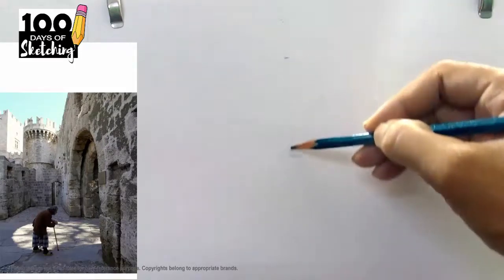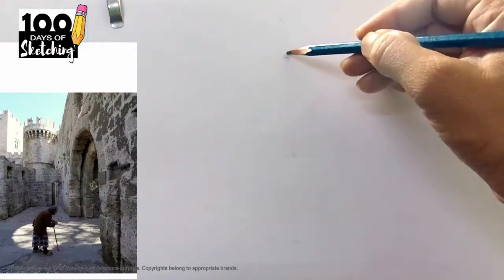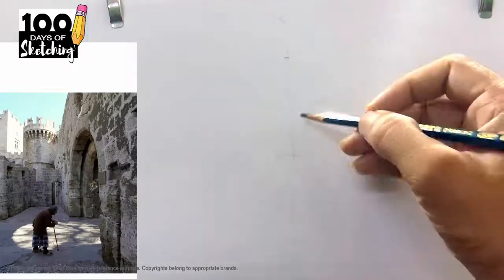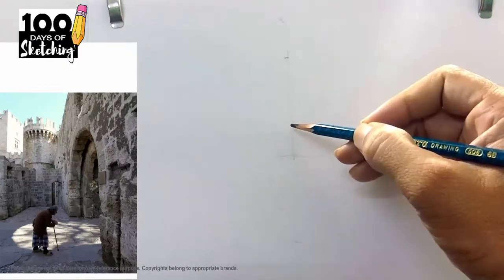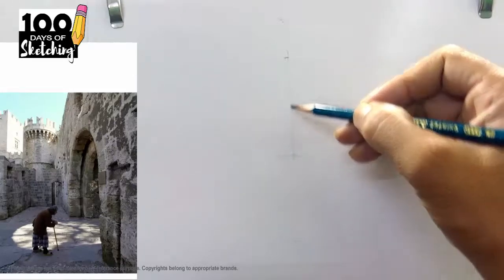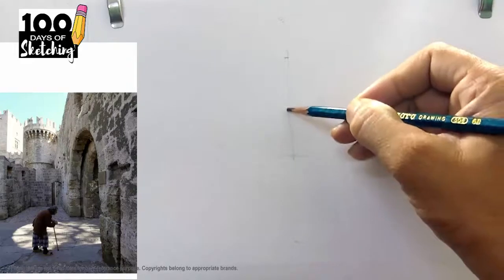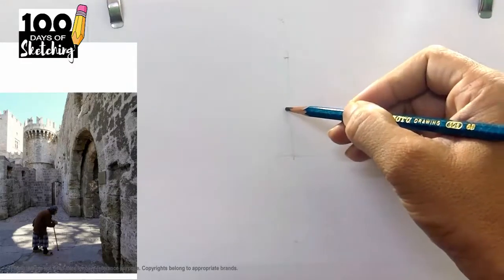So now what we get is the entire height of the wall and the cylindrical form. If I want to draw this, the wall will be only this much.